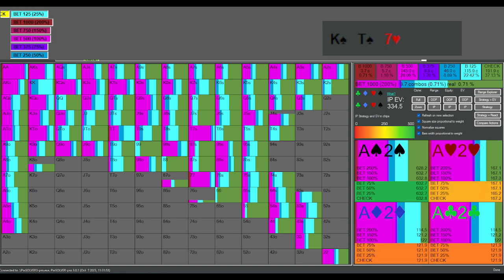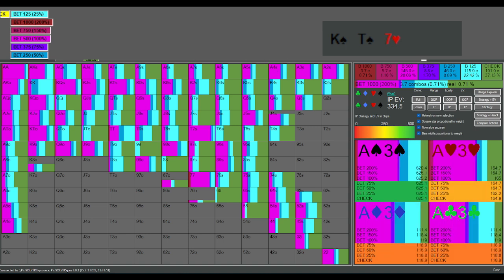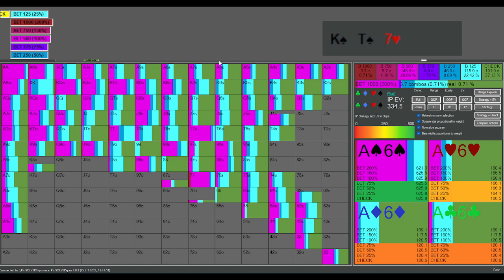So this board would be a good example where some regs that are range betting on a lot of boards might mix in checks on this board, but they're still betting way too often, and so when they do check, their checking range is going to be way too much air.